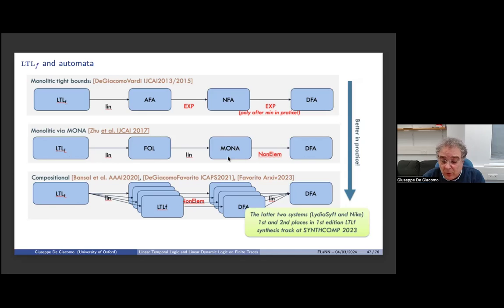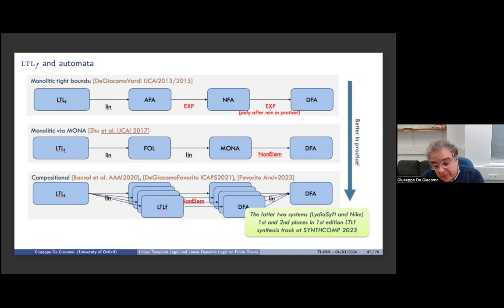It's a tool that, among many things, transforms first order logic on finite traces to DFAs. In spite of this, this step is non-elementary. So instead, you go from a double exponential to a possibly non-elementary technique.